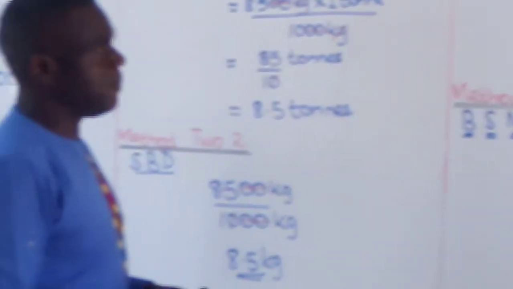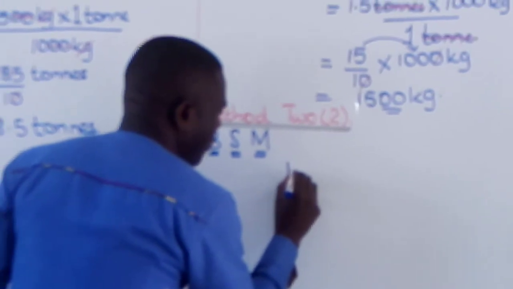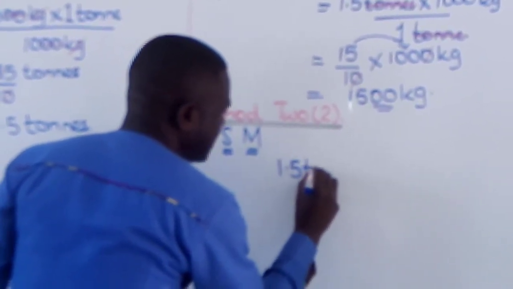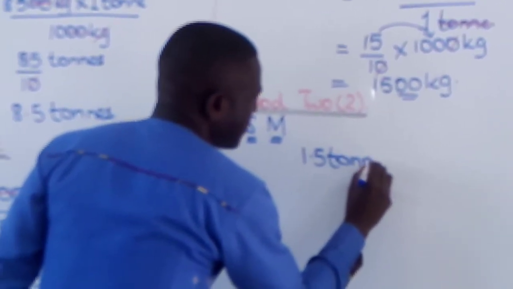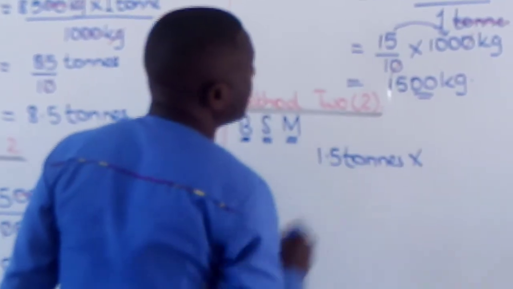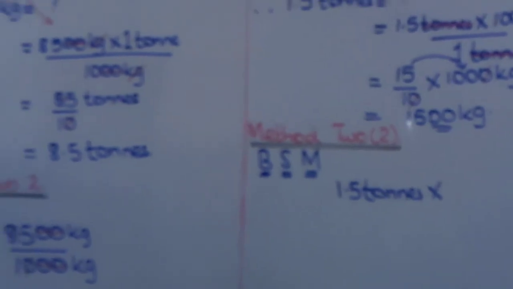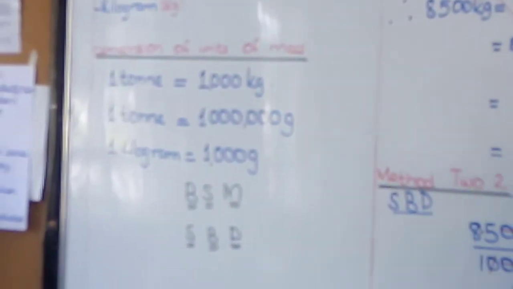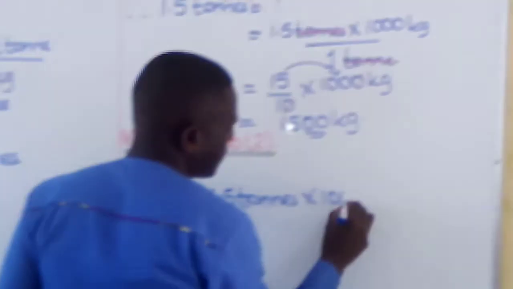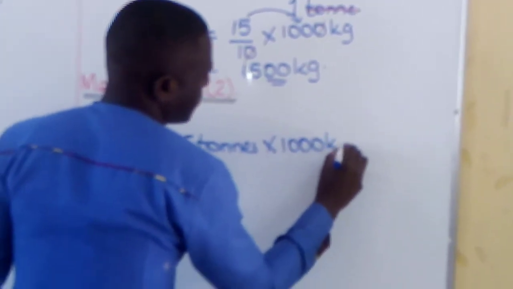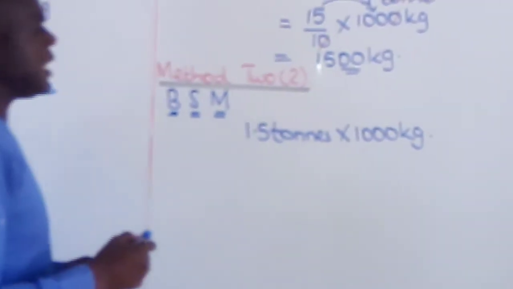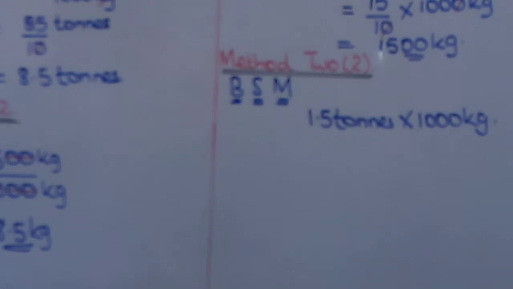So what are we multiplying? We are multiplying 1.5 tons by 1,000 kilograms.